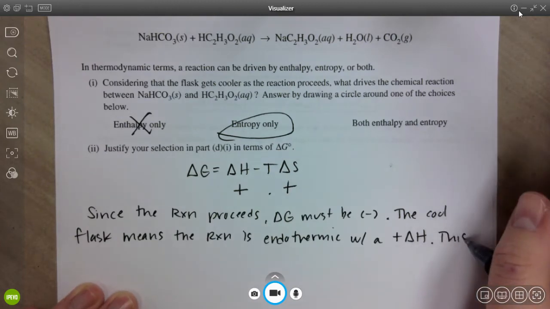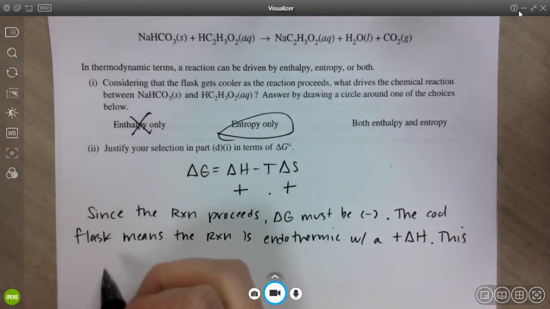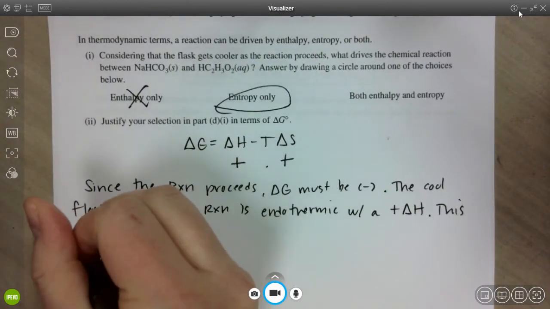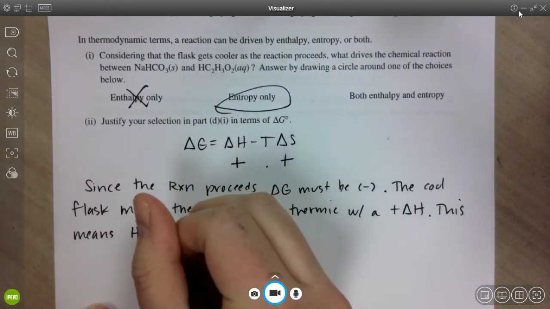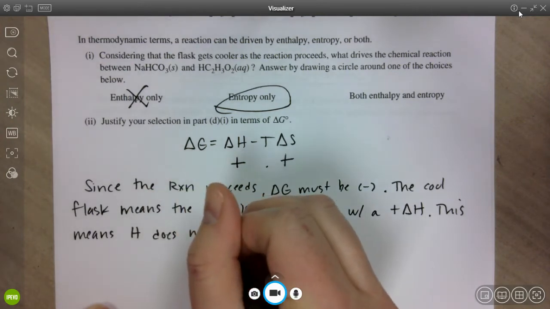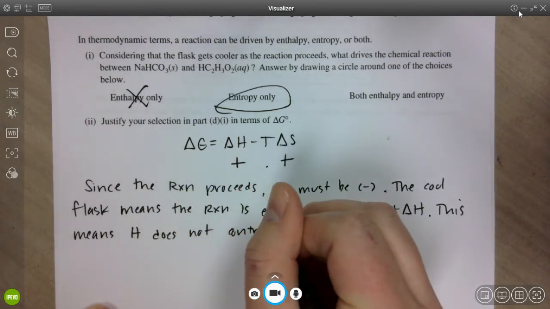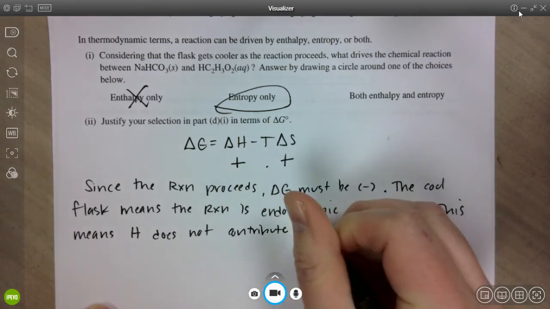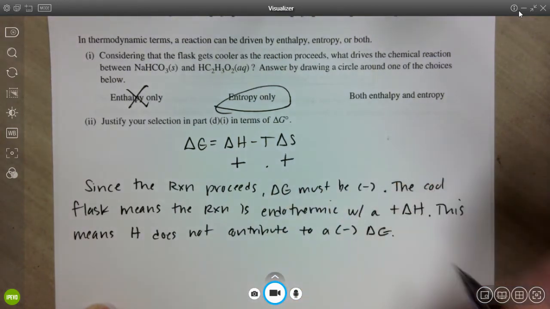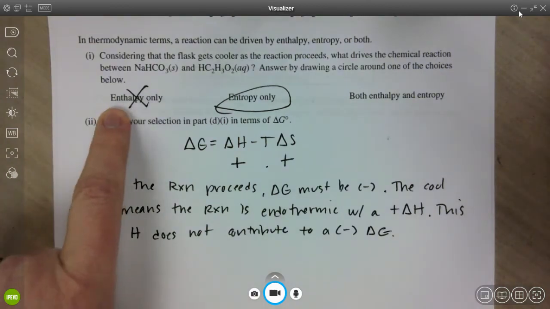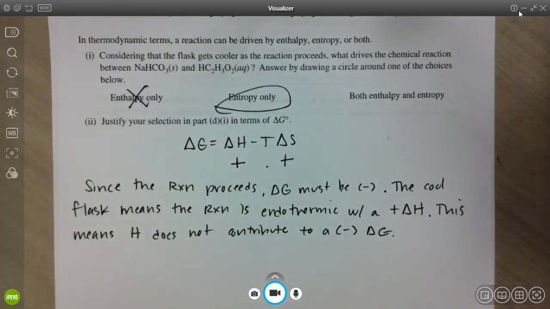This means H does not contribute to a negative Gibbs free energy. Okay, so I've kind of explained why I knocked out the enthalpy component.